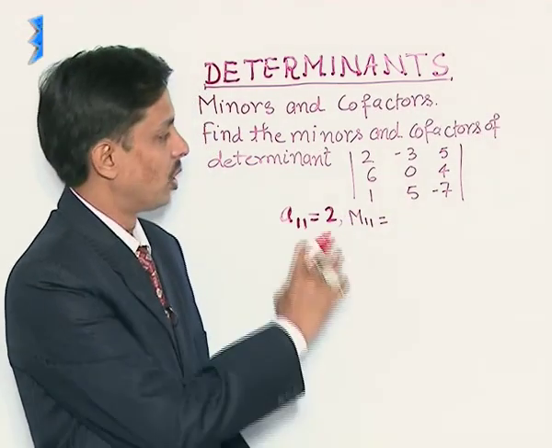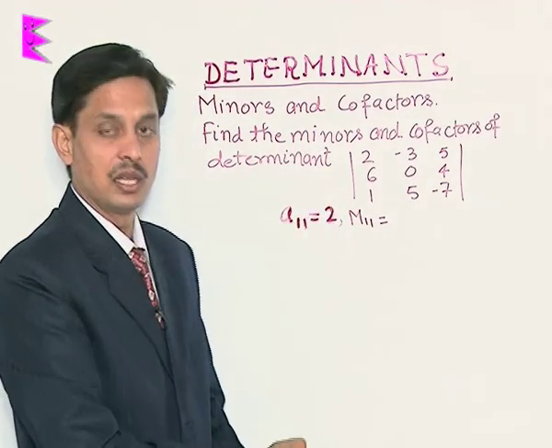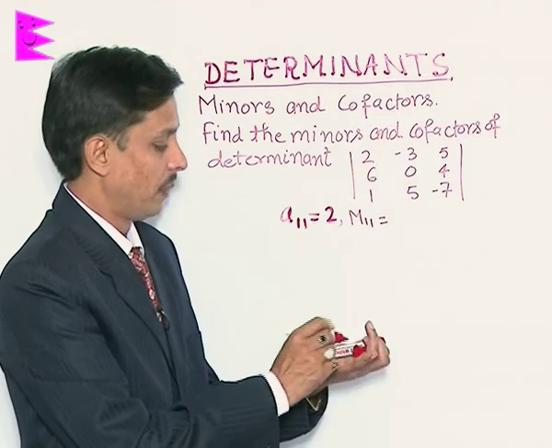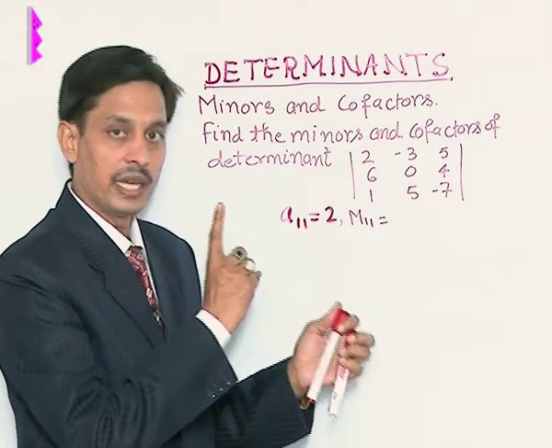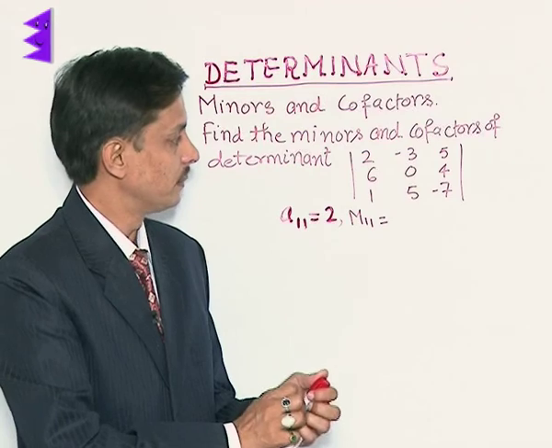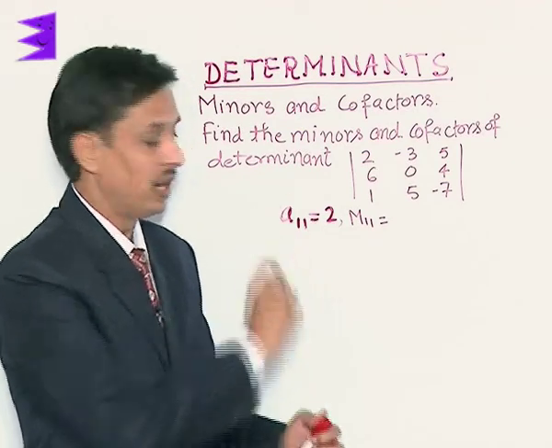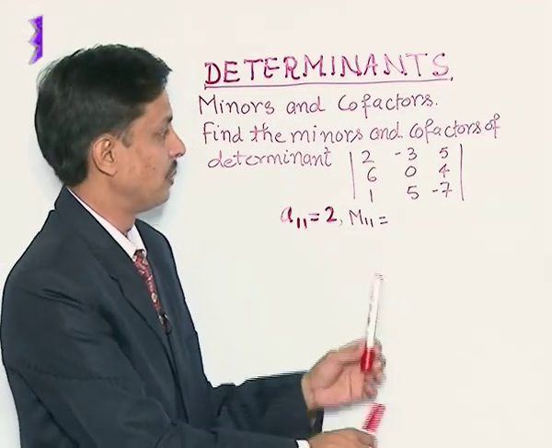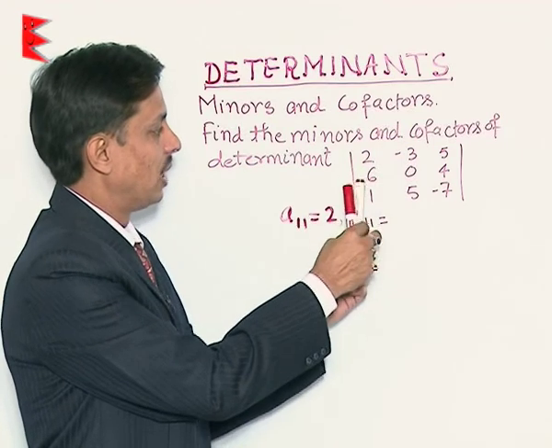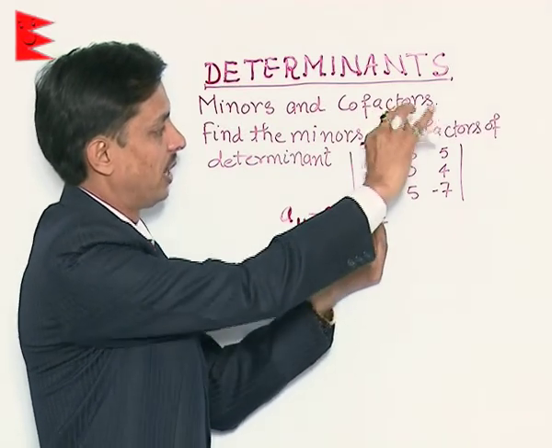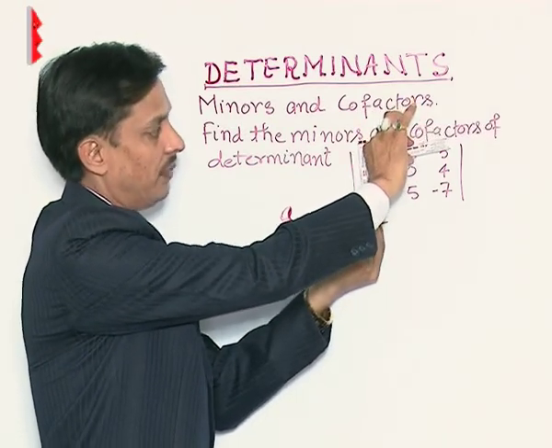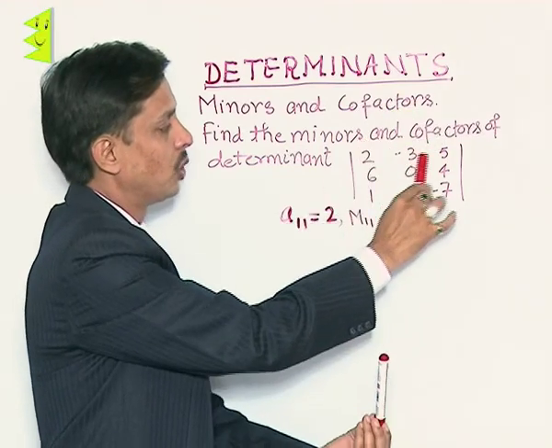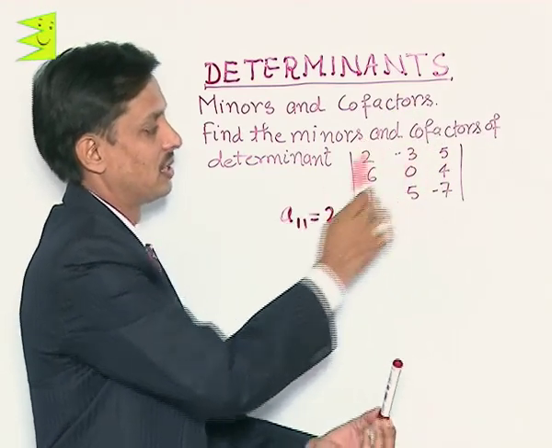The minor of this is given by hiding the entire row and column to which this element belongs. That means 2 is the element in the first row and first column. Then the remaining elements are 0, 4, 5 and -7.